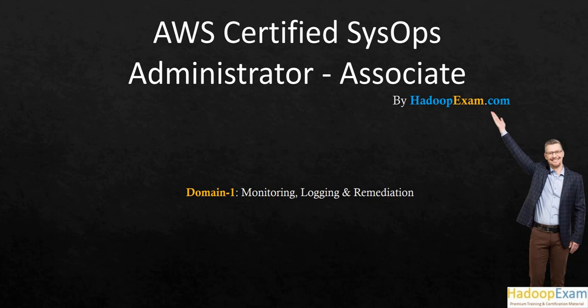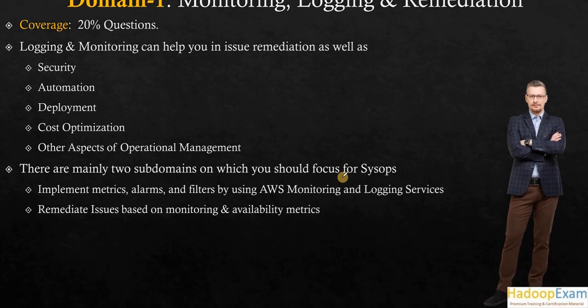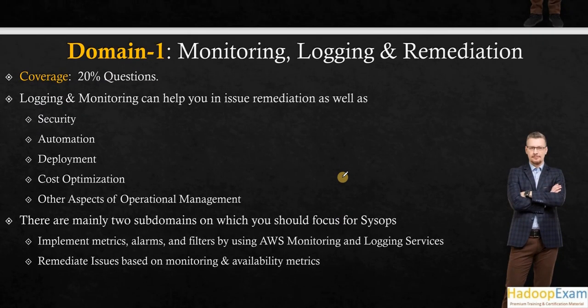This domain is the highest scoring domain, which covers 20% of the questions from your certification exam. This domain is monitoring, logging and remediation. As the name suggests, you need to know three things: how you can monitor your system, whatever you have created in AWS. You basically get a lot of services when you work with AWS.